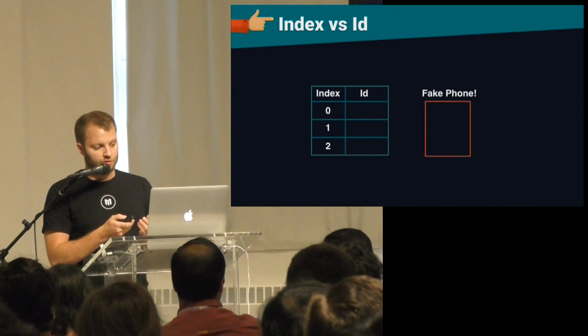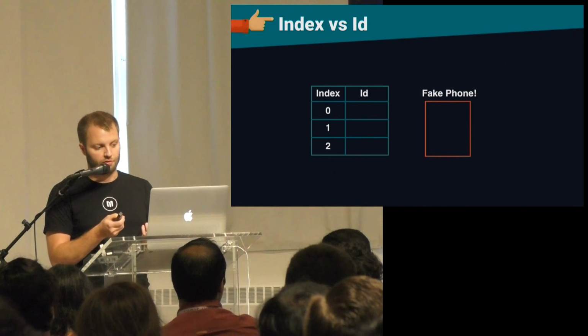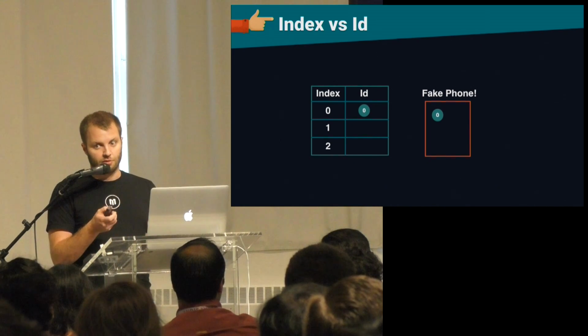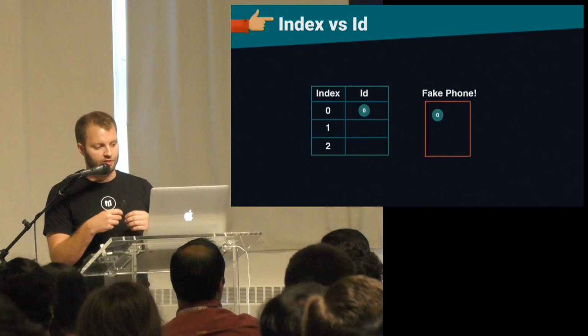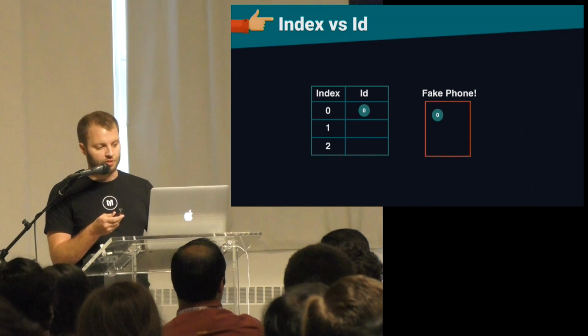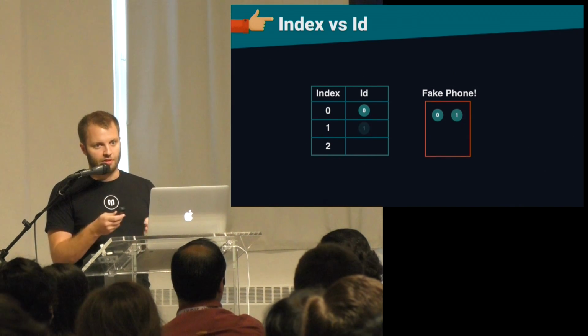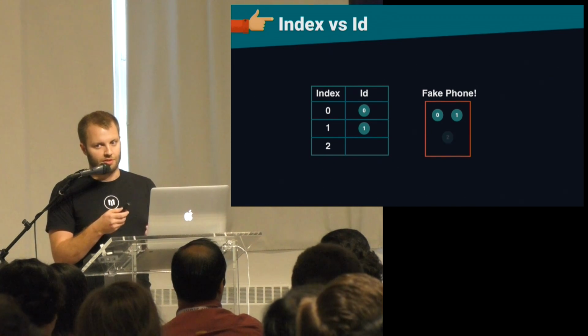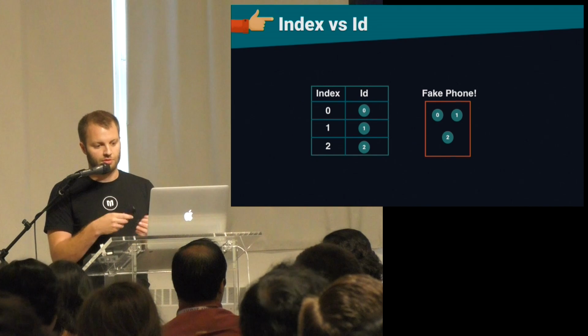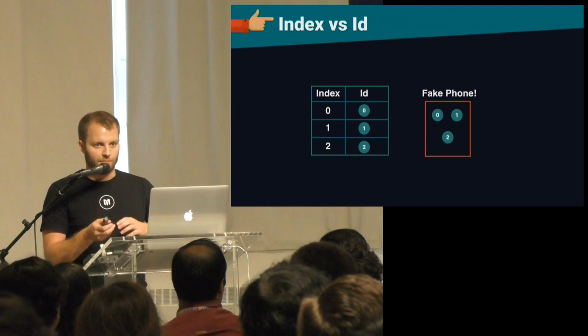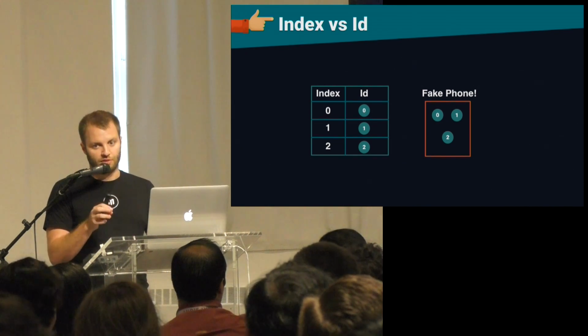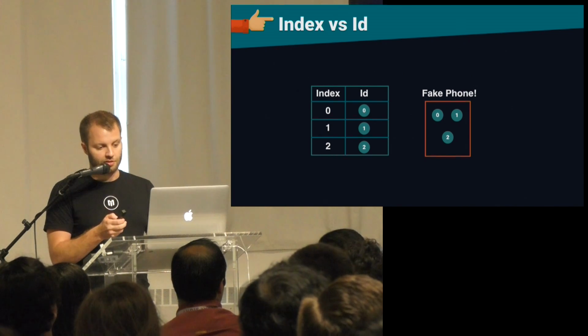If I put my first finger on the phone, it would have an ID of 0, and it would be at index 0. So everything works, that's perfect. I put a second finger, it's ID 1, index 1, still works perfectly. I put my third finger, pointer ID 2, index 2, still works. But the place where it might change is if I remove the second finger I put on the screen.